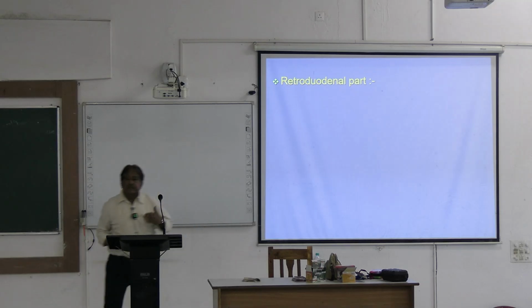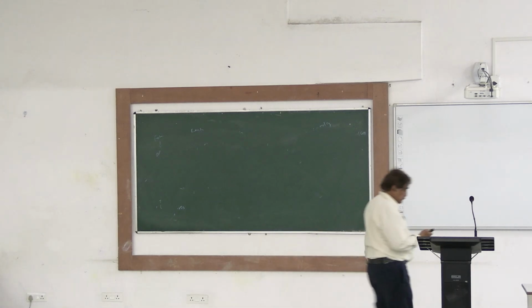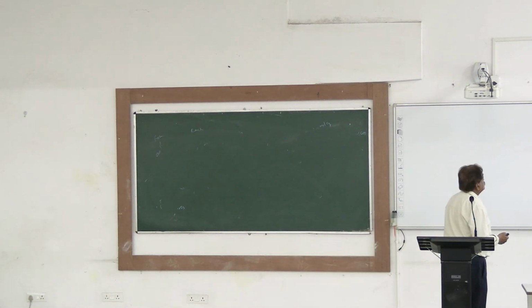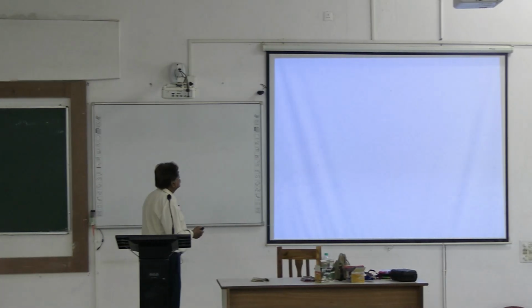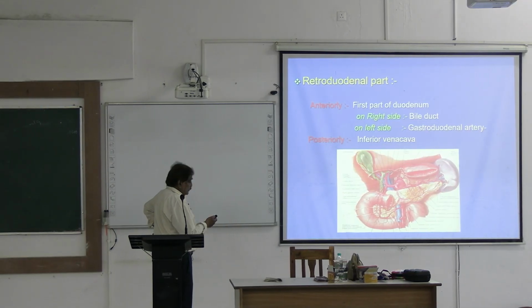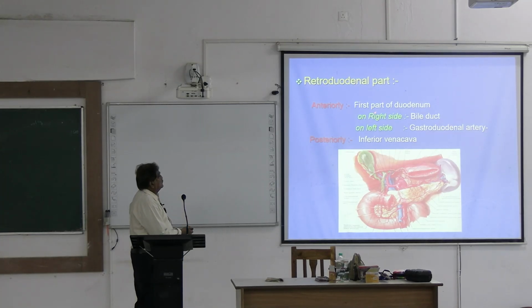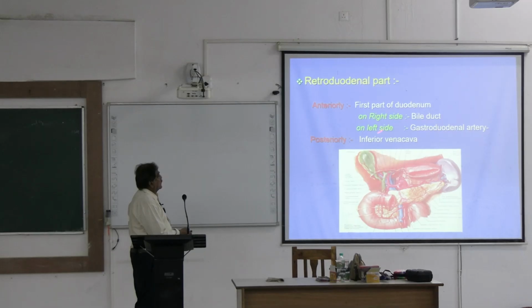Retroduodenal part, behind the duodenum. Anteriorly the first part of the duodenum, on the right side the bile duct, on the left side the gastroduodenal artery, posteriorly the inferior vena cava.